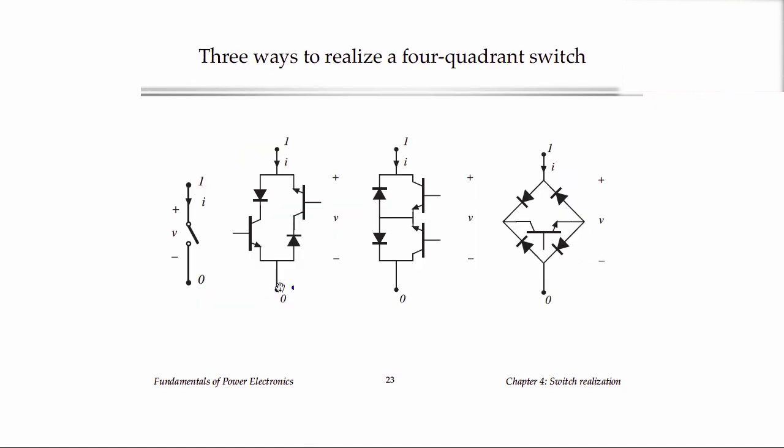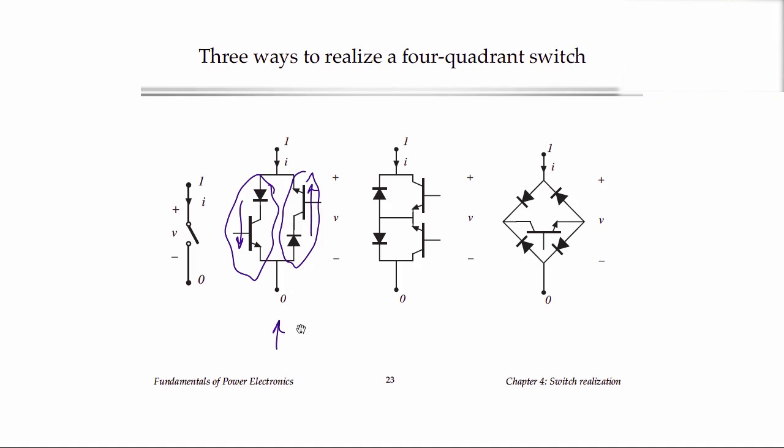Here are some ways to realize a 4-quadrant switch. This first one involves taking 2 voltage bidirectional switches that are 2-quadrant and putting them in parallel. So each of these switches here can block either polarity of voltage, and the left side switch conducts positive current and the right side switch conducts negative current.